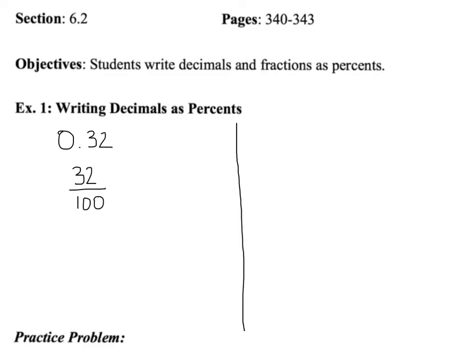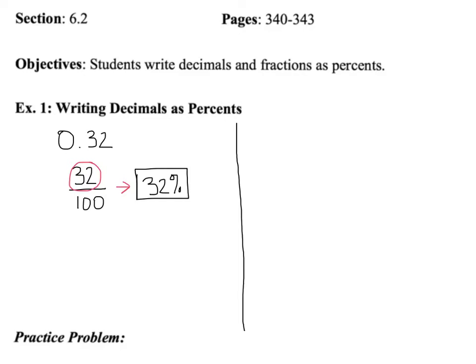Well, we know that percent means out of 100. So really, we can just take this numerator and say, hey, 32 out of 100, 32 per 100 is the same thing as 32%.